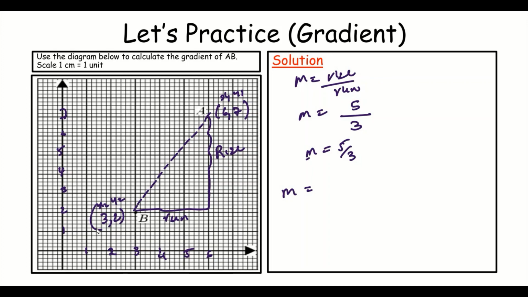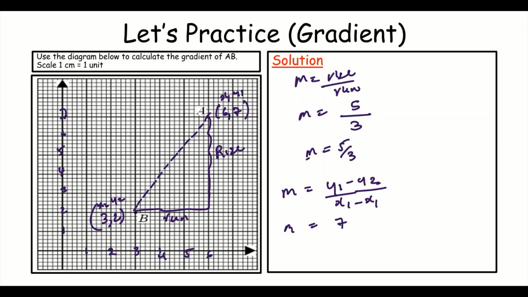Hence, let's go again. So say y1 minus y2 over x1 minus x2. Sorry about that. It's x1 minus x2. Hence m, what's my y1?